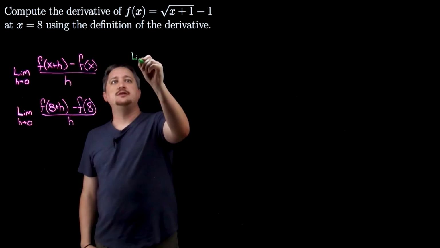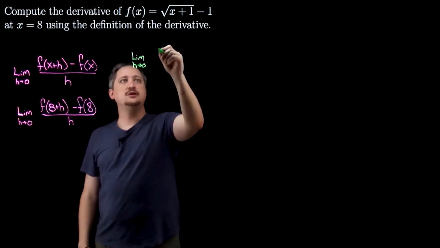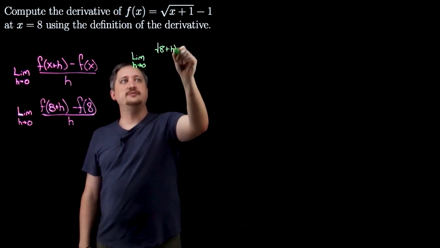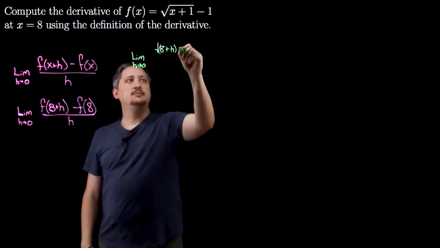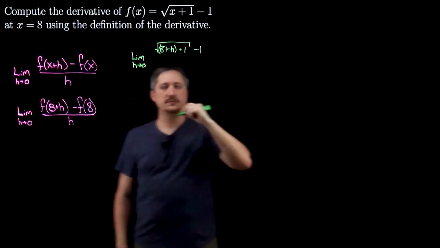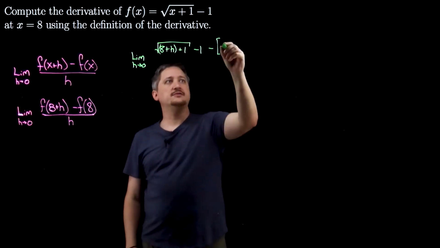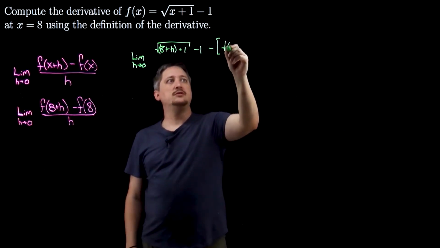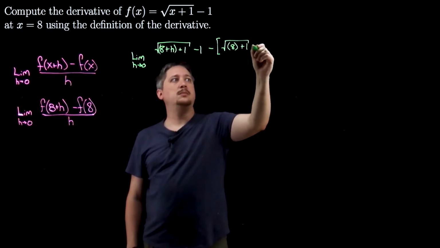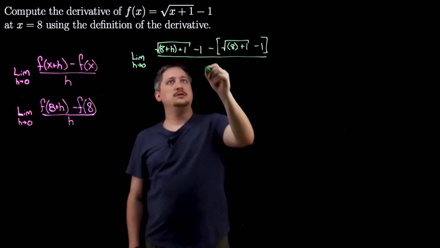I'm going to get the limit as h goes to 0 of the square root of 8 plus h, that's my input, plus 1, minus 1, minus, and then I'm going to do the same thing here. I'm going to have the square root of my input, 8, plus 1, minus 1, all over h.